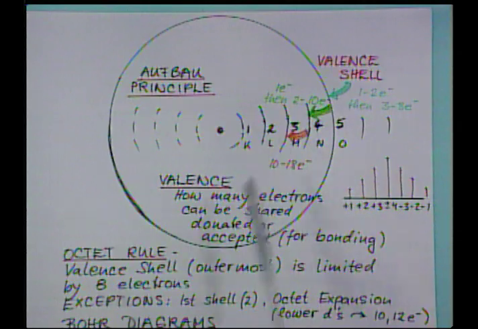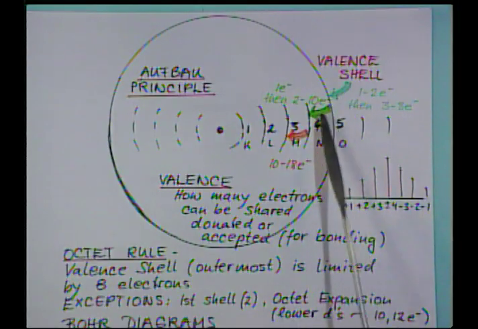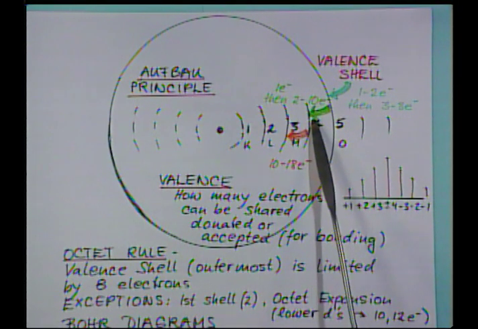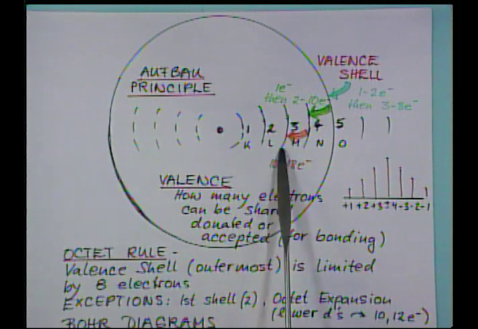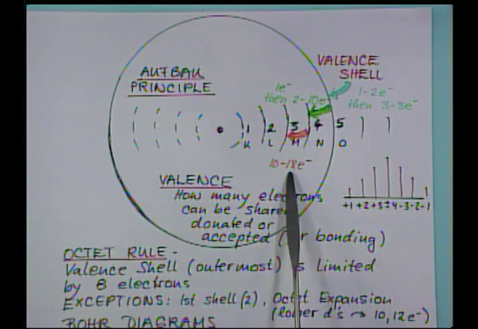However, when we have lower shells that need to be brought up from 18 to 32, then we do a little trick here. We fill up the second to the last shell with 1 electron and then go back down and make sure that the lower shell is brought to the proper amount, meaning from 10 to 18.